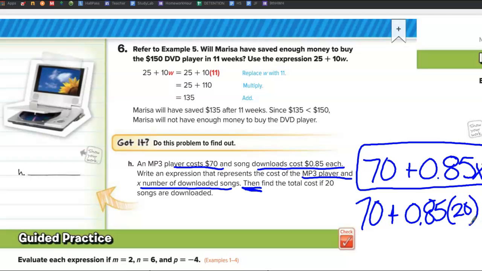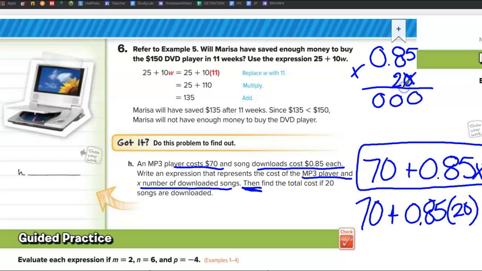Quick review on how to multiply decimals. You multiply like normal, and then we add our decimal at the end. You should watch this because you do have some decimal problems today. So 0 times 5 is? 0 times 8 is? 0 times 0 is? Okay, now don't forget your placeholder.